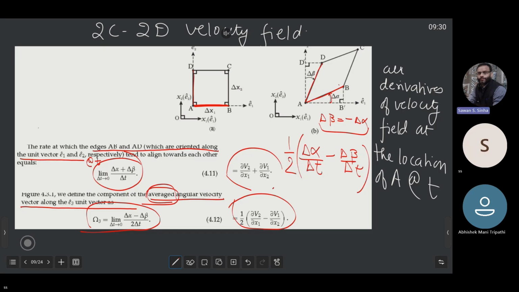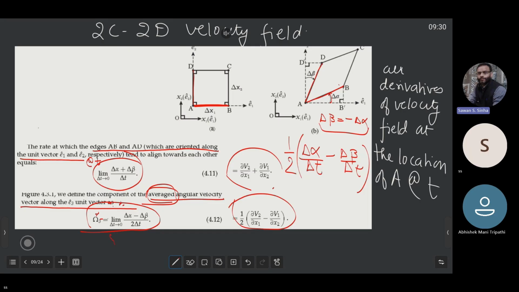The minus is coming because we want this definition to coincide with the unique angular velocity vector of a rigid body, in case this starts behaving like a rigid body. Take this definition, not this one, and impose this condition.